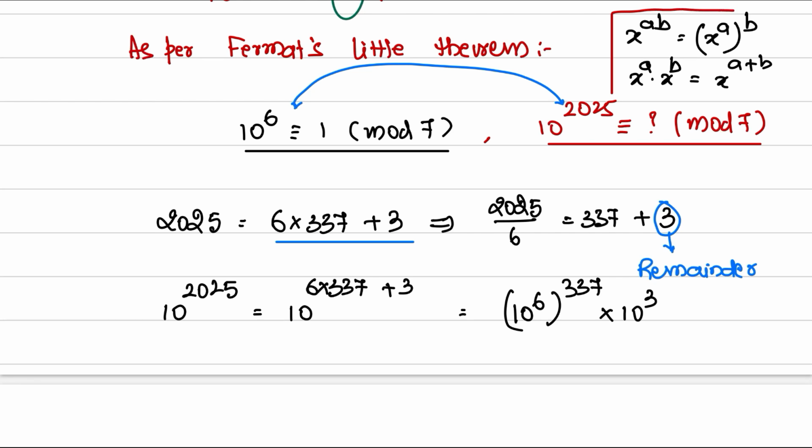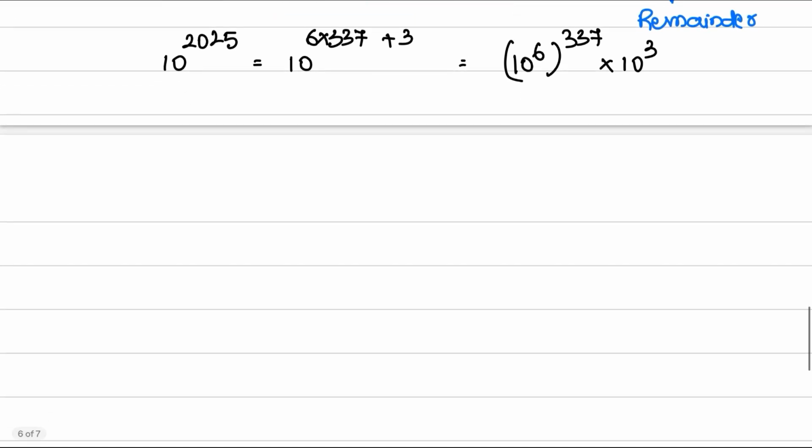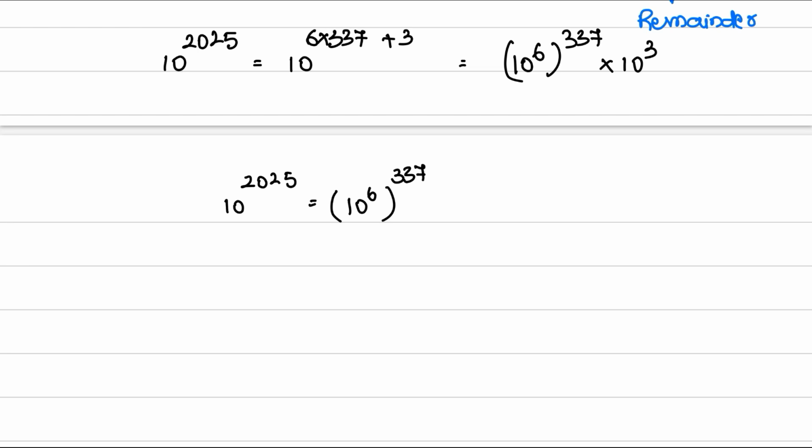Please remember these exponential properties of any number. By applying these exponential properties, what we are getting here? 10 to the power of 2025 is equal to 10 to the power of 6 to the power of 337 into 10 cube.